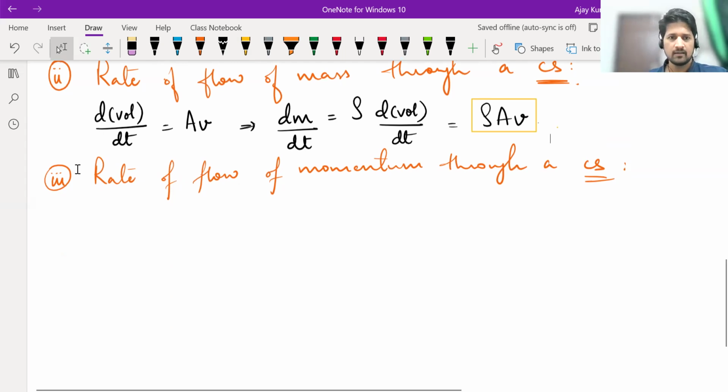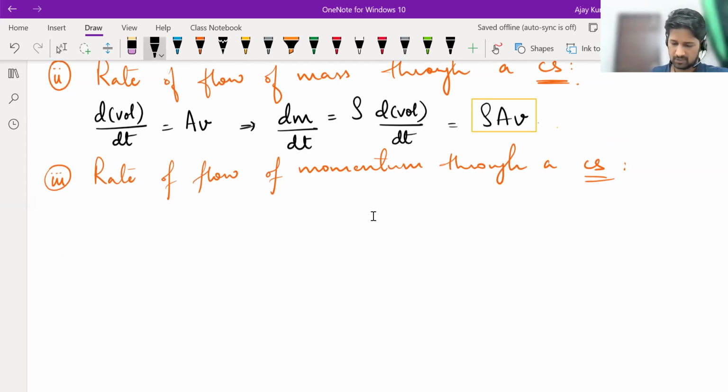Next, rate of flow of momentum through a cross section. Now we know how much mass flows per unit time. dm by dt is rho A V. So dm becomes rho A V dt. This much mass flows through the cross section in a small time dt. This mass is moving with what speed?